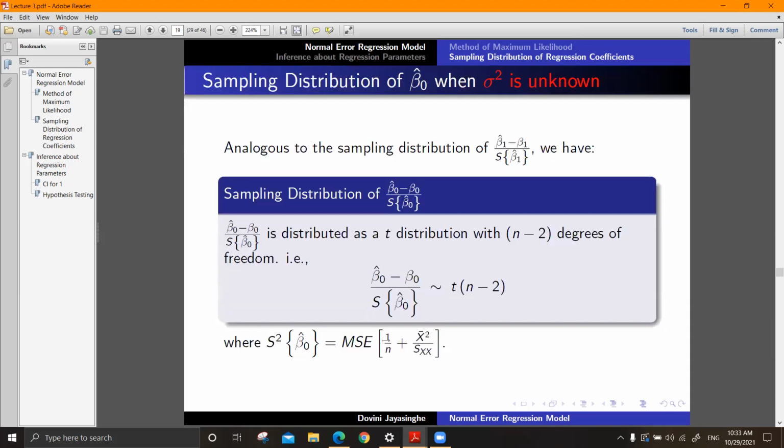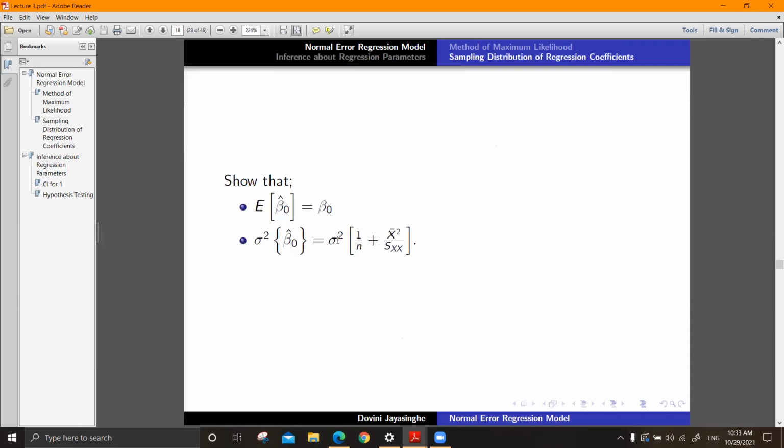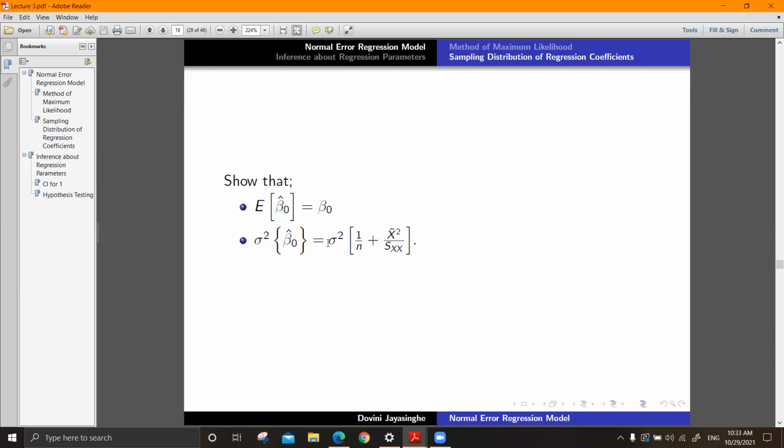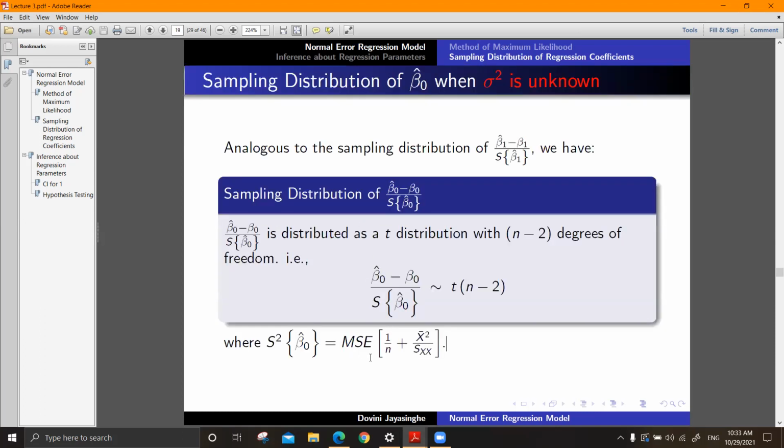Nothing to complicate here, right? Because we don't know the value of sigma squared, how can we substitute here? It's not known, so we have to estimate it by MSE. Whenever we put MSE here, the distribution changes. That is all I want to say.